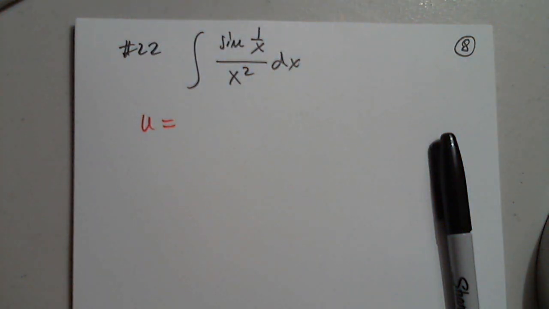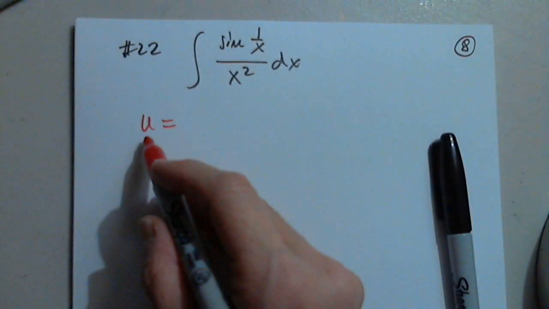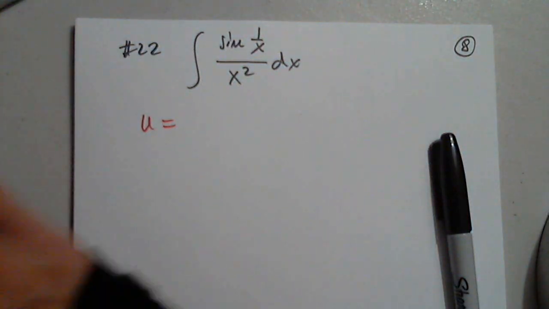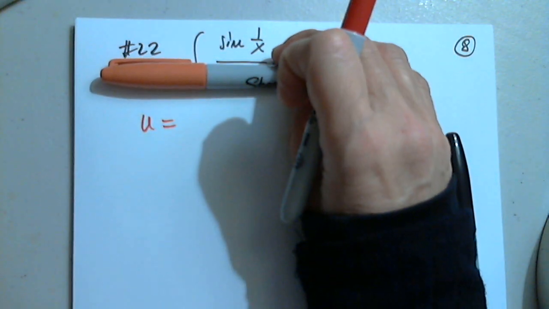Can anyone tell me what you used as u? I used sine of x. So what did you select as u? I'm thinking x to the negative second. x squared is not a big problem.